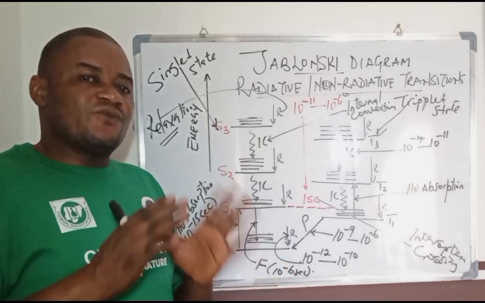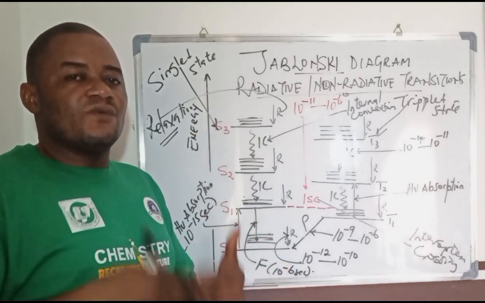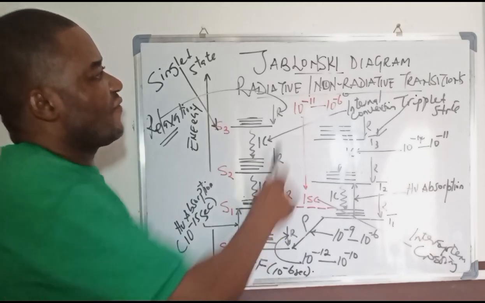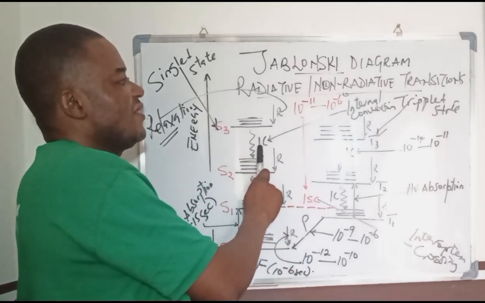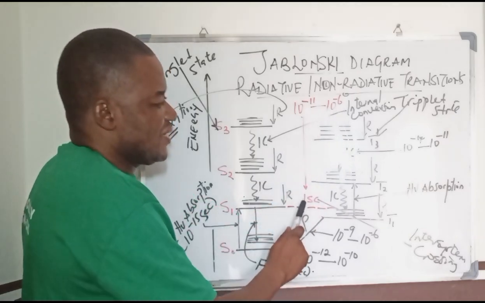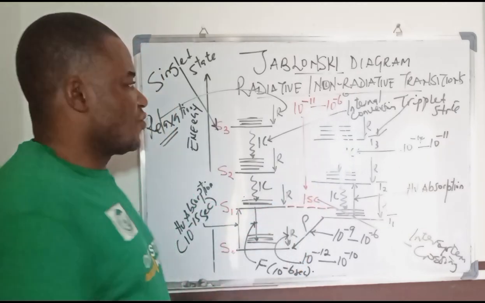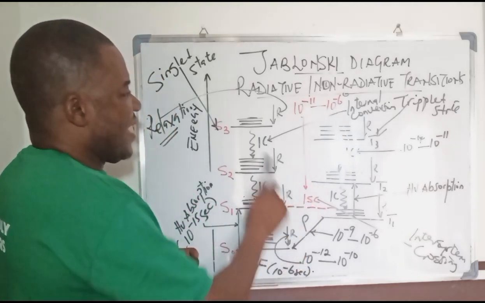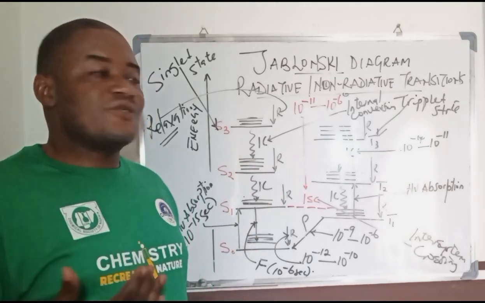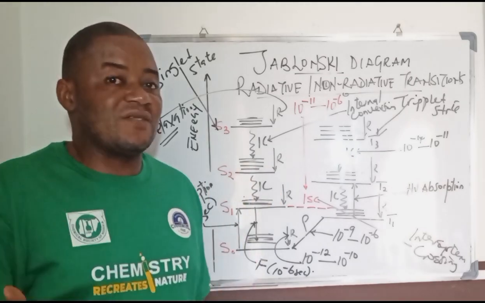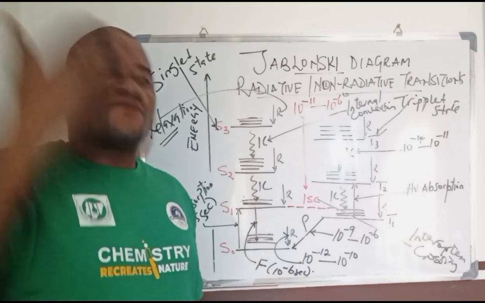Now, those particular ones will not give out what? Will not give out light. Now, those kinds of non-radiative transitions are the ones we call internal conversion and what? Intersystem crossing. So, intersystem crossing and internal conversion are also transitions, but it's just that they do not emit radiation at the end of the day.